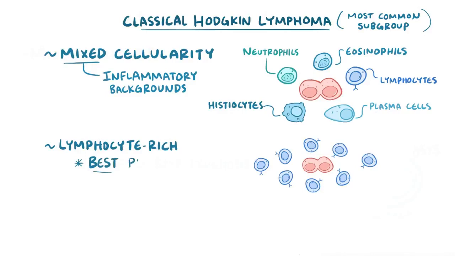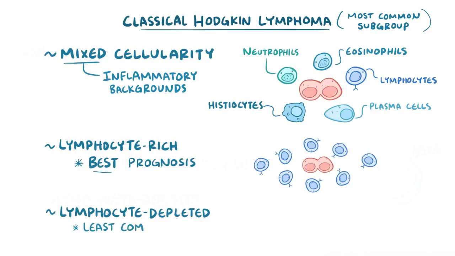This one generally has the best prognosis of all the classical Hodgkin lymphoma subtypes. The fourth type is lymphocyte-depleted Hodgkin lymphoma, and it's the least common type. It's named for the lack of reactive lymphocytes and the abundance of Hodgkin and Reed-Sternberg cells.